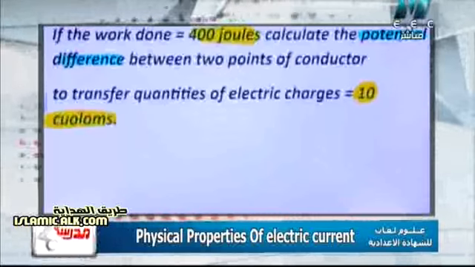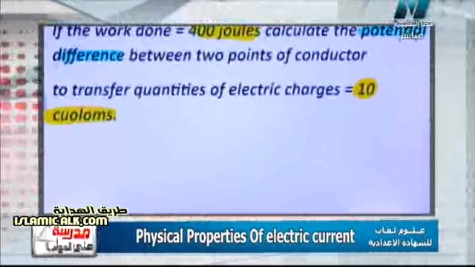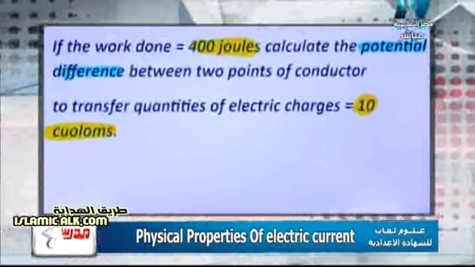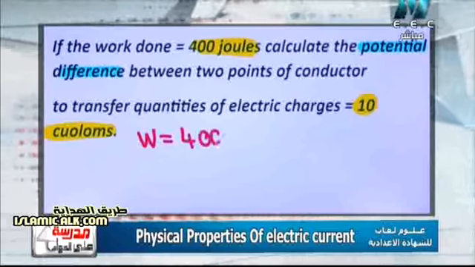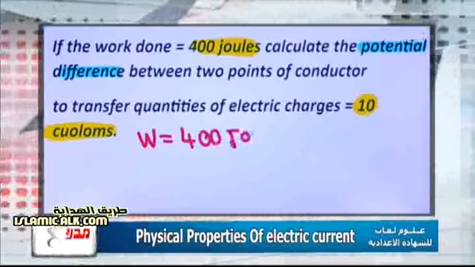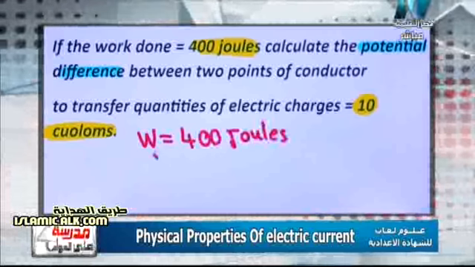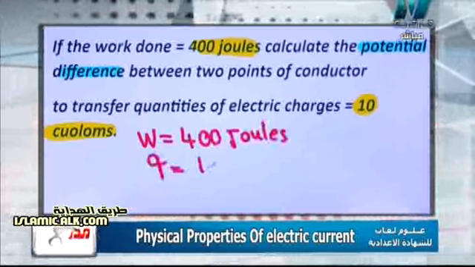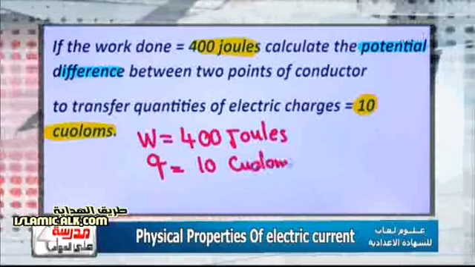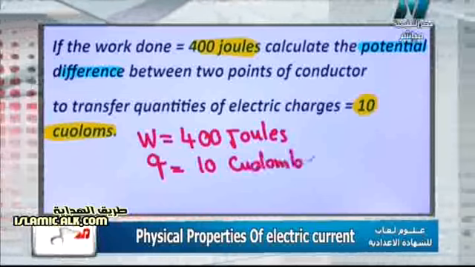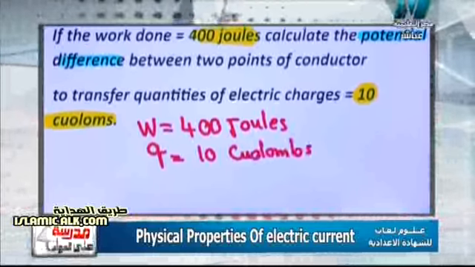So we have the magic triangle. We have the givens here. First, W equals 400 joules. Okay, Q equals 10 coulombs. And we try to calculate the potential difference.